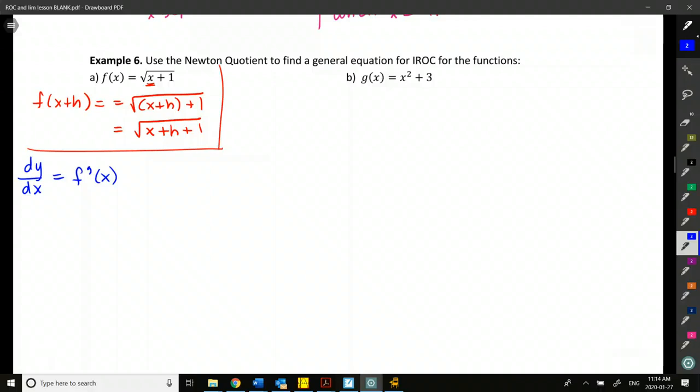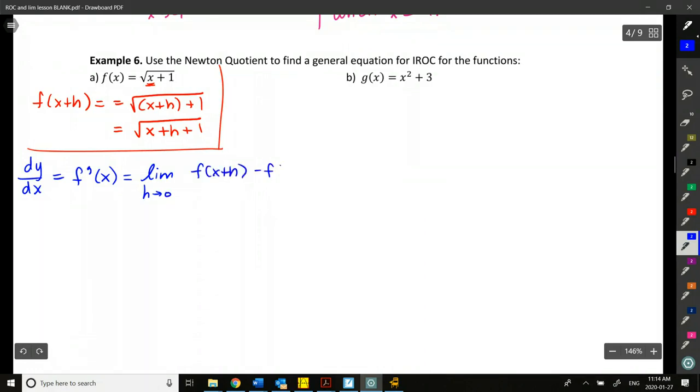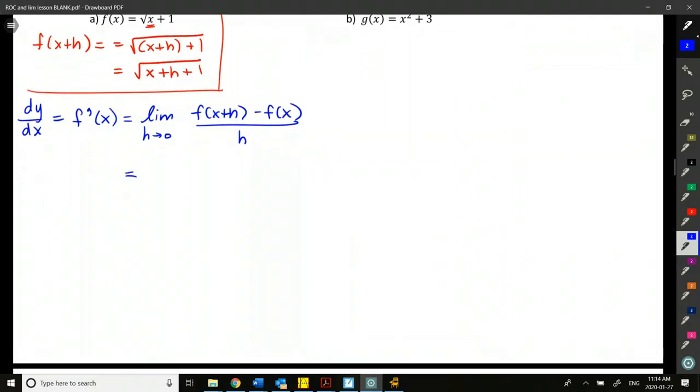Basically what this means is we're finding the equation for the slope of the tangent anywhere on our function, or in other words, the derivative of the function. All right, so this is equal to the limit as h approaches 0 of f at x plus h minus f at x, just recopying the Newton quotient from above. And then we're going to plug these things in. You are going to continue this limit notation until we have subbed in h equals 0.